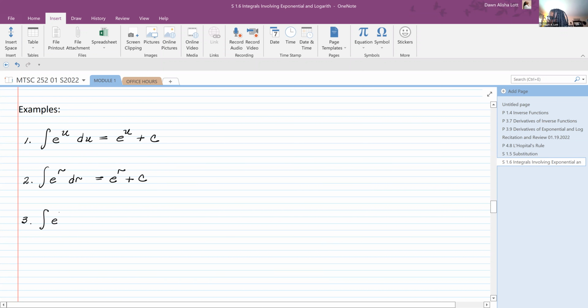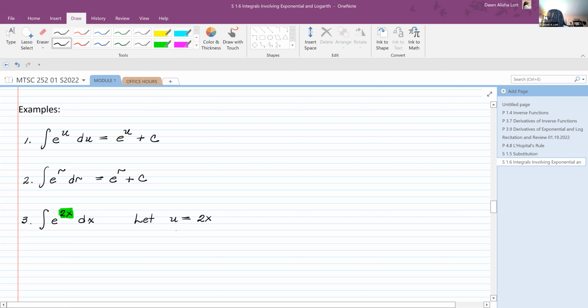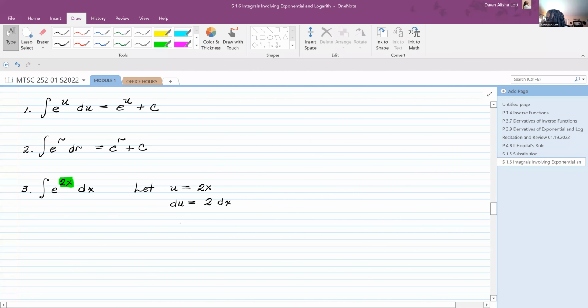The integral of e to the 2x dx. Now 2x is now a function. So 2x is now u. So I'm going to let u equal 2x. And du is, no, I'm crazy, it's just 2 times dx. And I don't have that left in the problem. I only have dx. So I got to divide by 2 to just get dx.